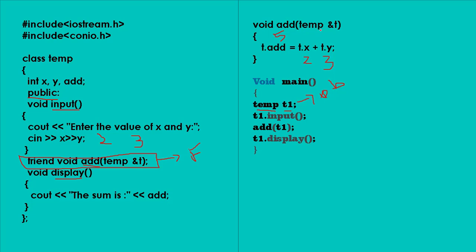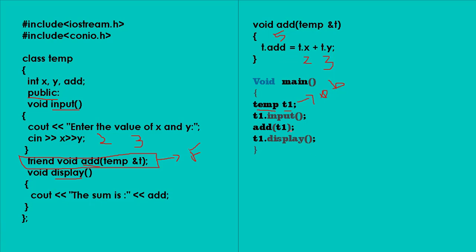So temp is the class name and t is the object name, the address of the object. In order to access the members of the class we are passing this object over here, and add is the friend function name. And then we have t1 dot display. T1 is the object name and display is a member function name. So the control will go to display and it will display the output.